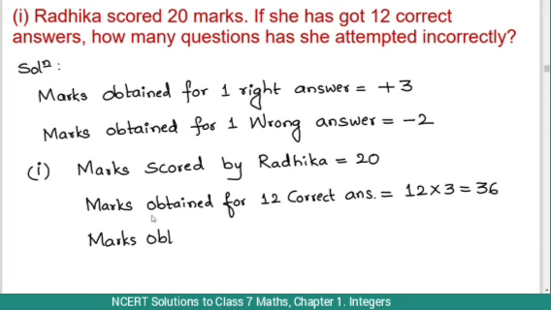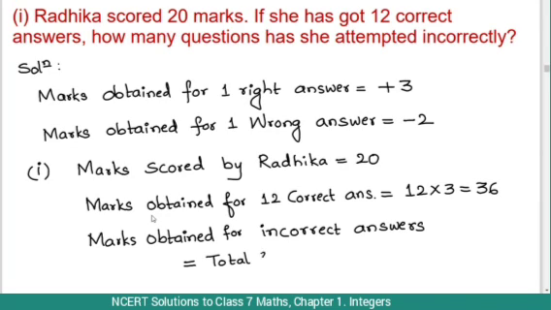Now marks obtained for incorrect answers, or you can take wrong answers, is equal to total score minus score of 12 correct answers.